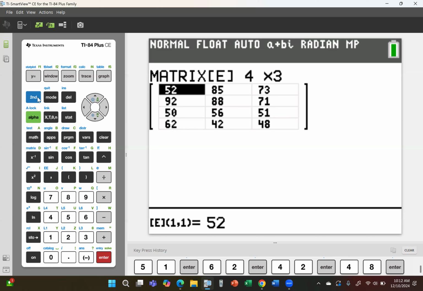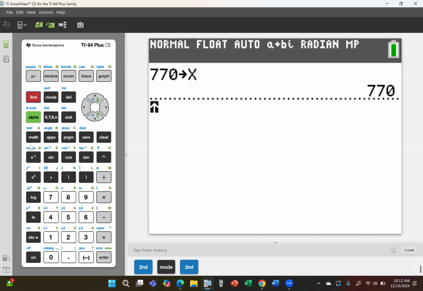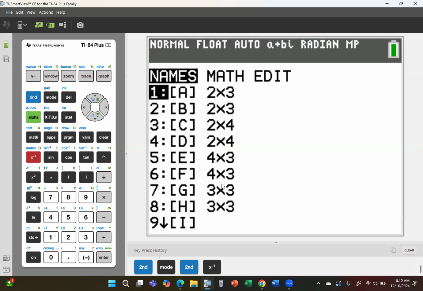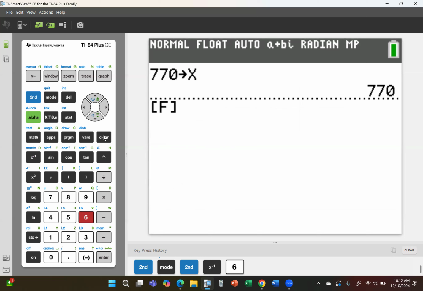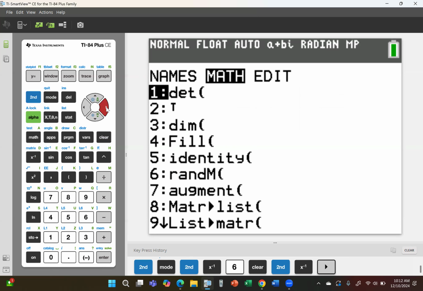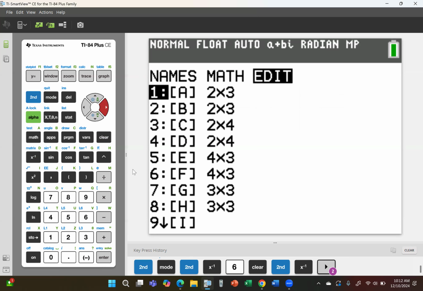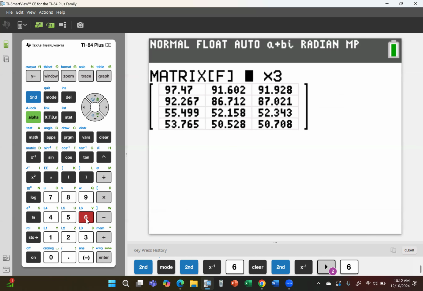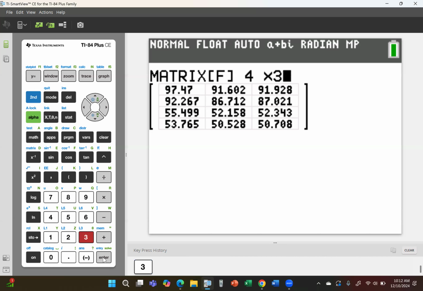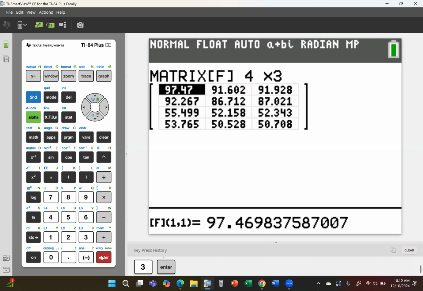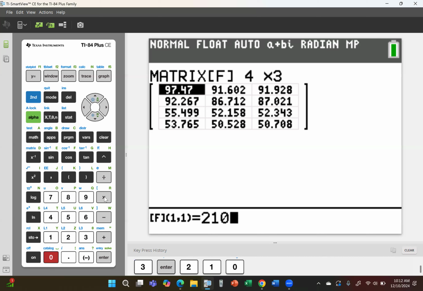So I'm going to get out of my matrices and go back in. And I'm going to edit F. So number 6. Oops. Clear. I got to edit, not just look at it. Okay, so edit. Number 6. Okay, 4x3, 4, enter, 3, enter. And then what did we have? We had a row total of 210 times a column total of 256.